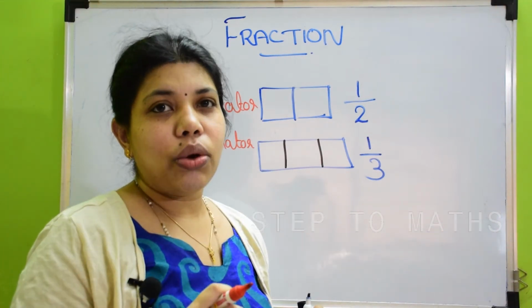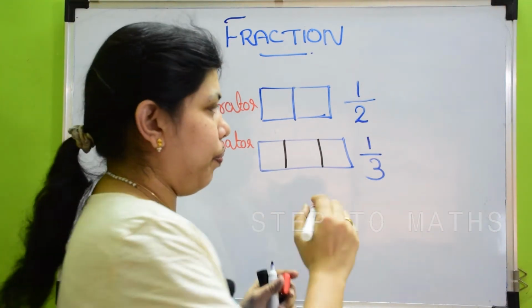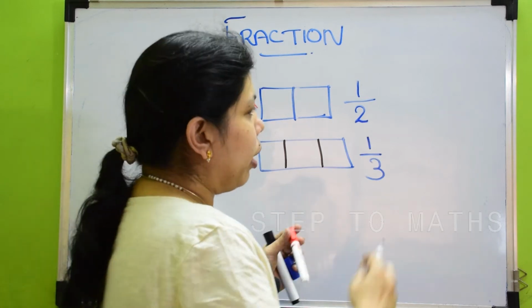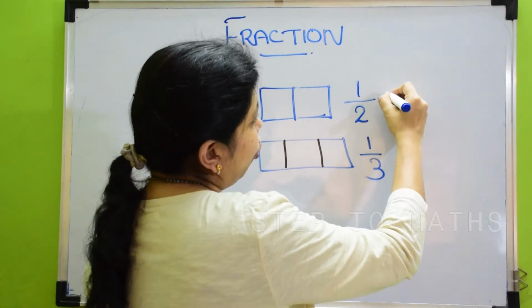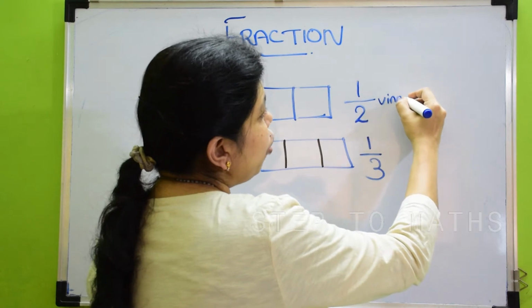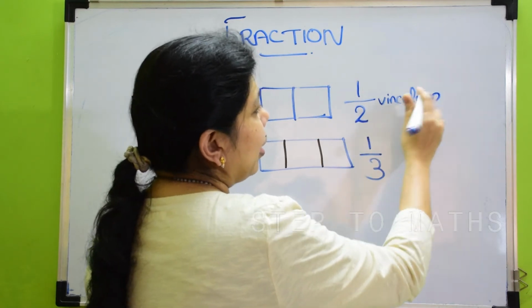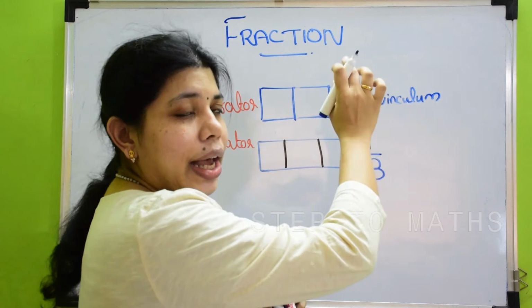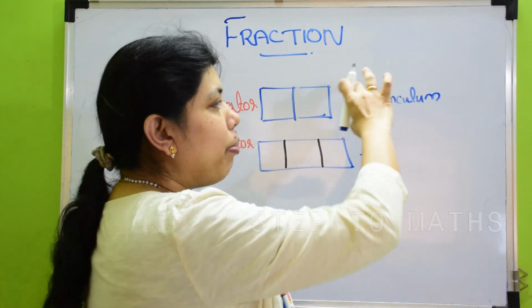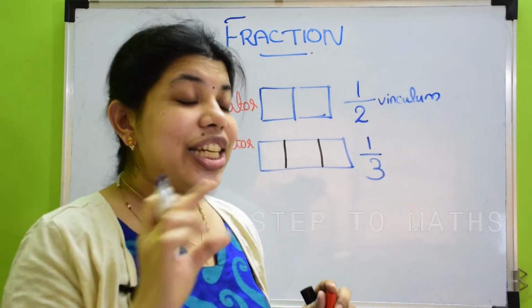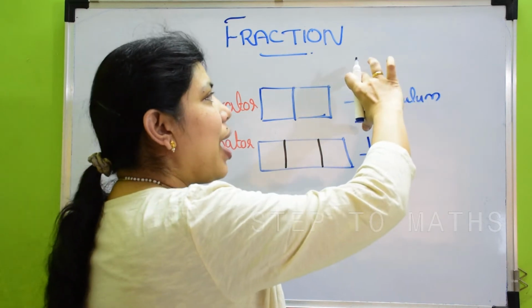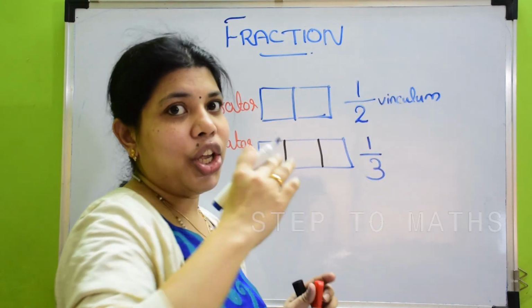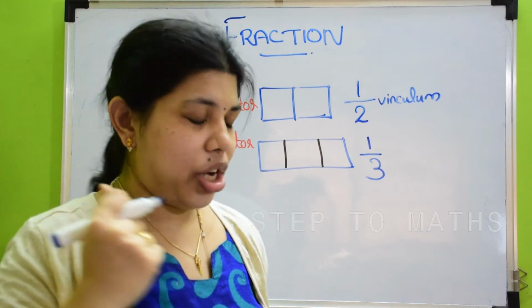This line is also known as the vinculum. That is not very important, only for your information I write the name. The line separates two numbers, but we consider these two numbers as a single number when we perform the operation.